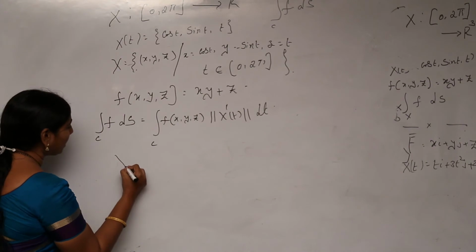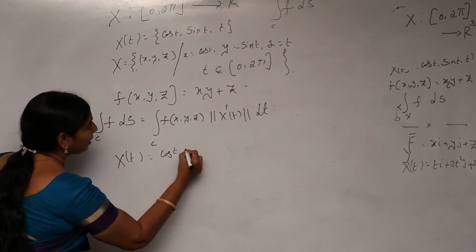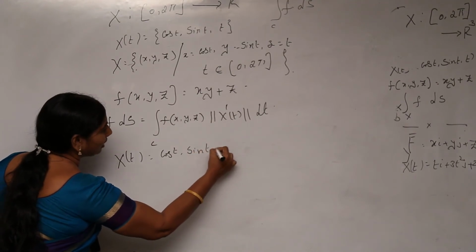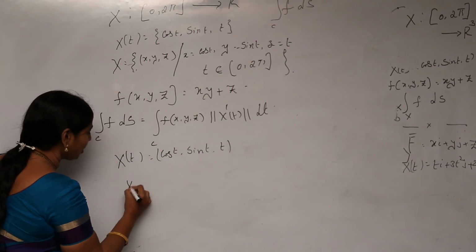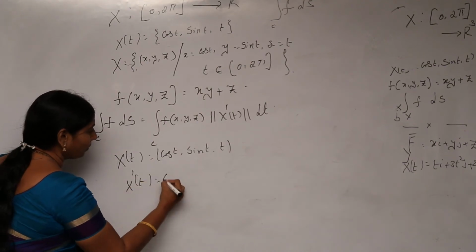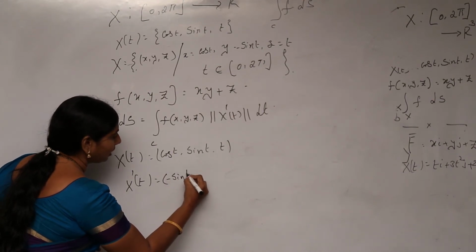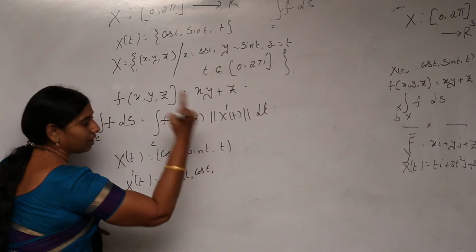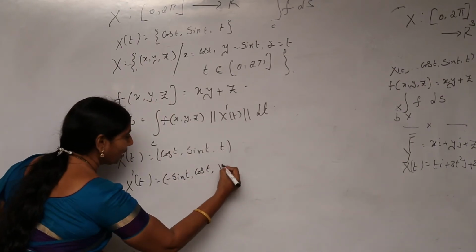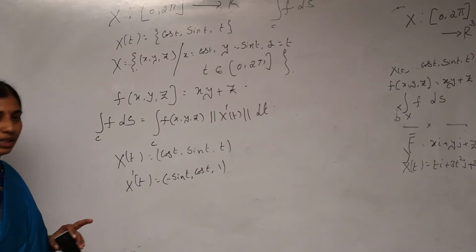So what is our capital X of t? It is cos t, sin t, and t. Then what is x'(t)? The derivatives: derivative of cos t is minus sin t, derivative of sin t is cos t, derivative of t is 1, all with respect to the independent variable t.